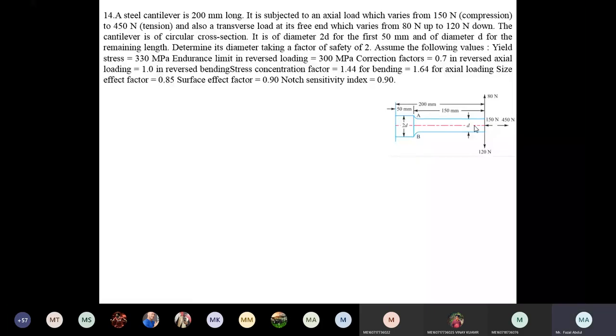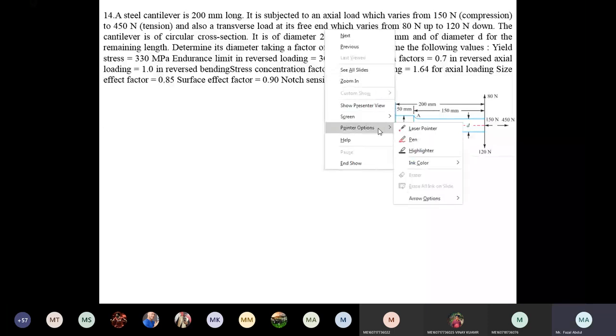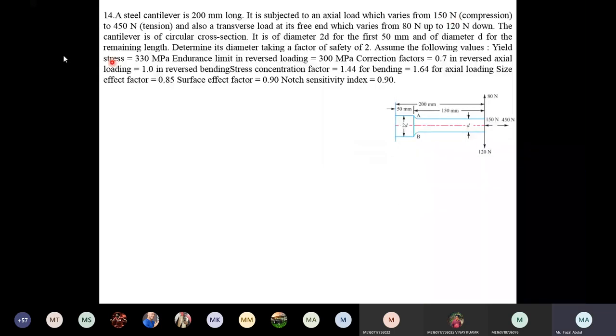The 150 newtons is applied in compression and the 450 newtons in tension. Both compression and tension are in the axial load direction.